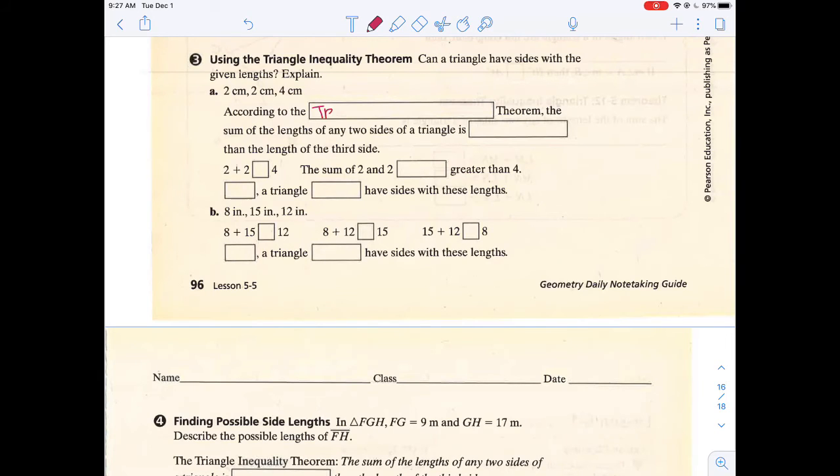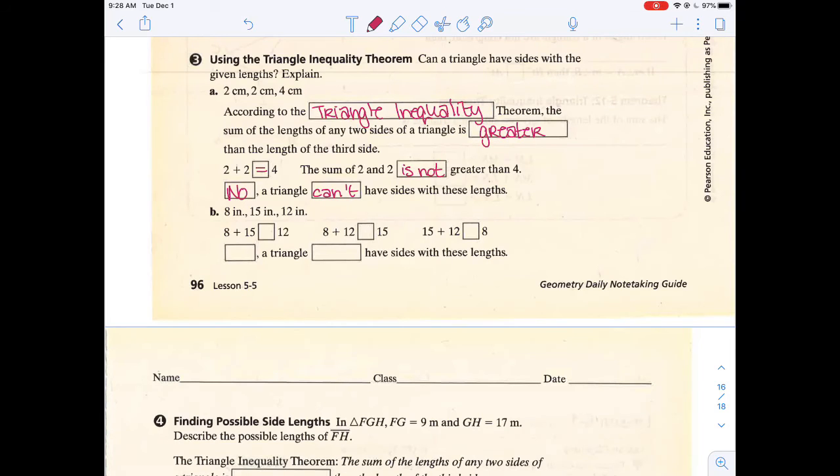So according to the triangle inequality theorem, the sum of the lengths of any two sides of a triangle is greater than the length of the third side. 2 plus 2 equals 4, and so that means the sum is not greater than 4. So no, a triangle can't have sides with these lengths.